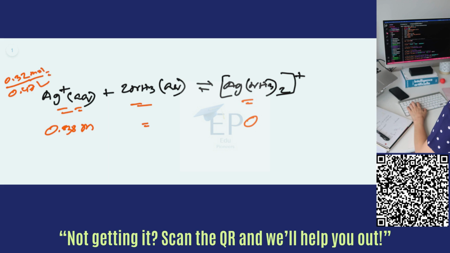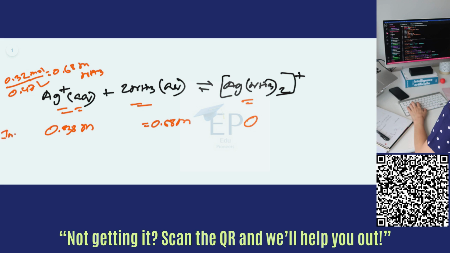So ultimately, if we do the calculation, we will find 0.68 molar NH3. So the ammonia concentration is 0.68 molar. Now let's form our ICE table.